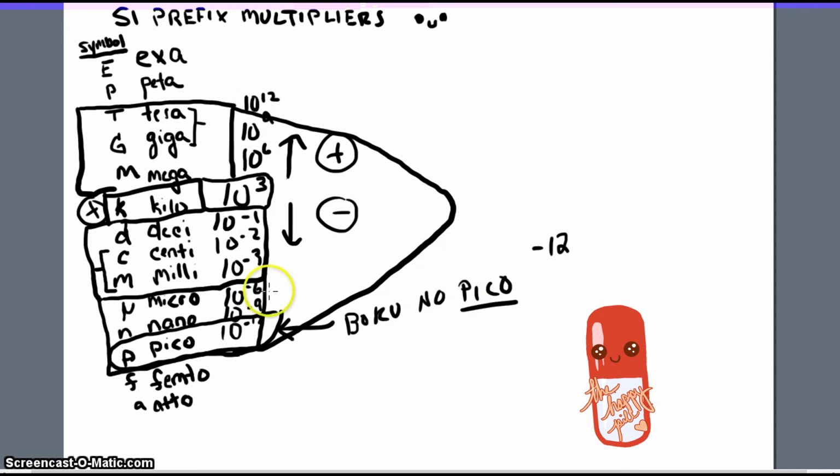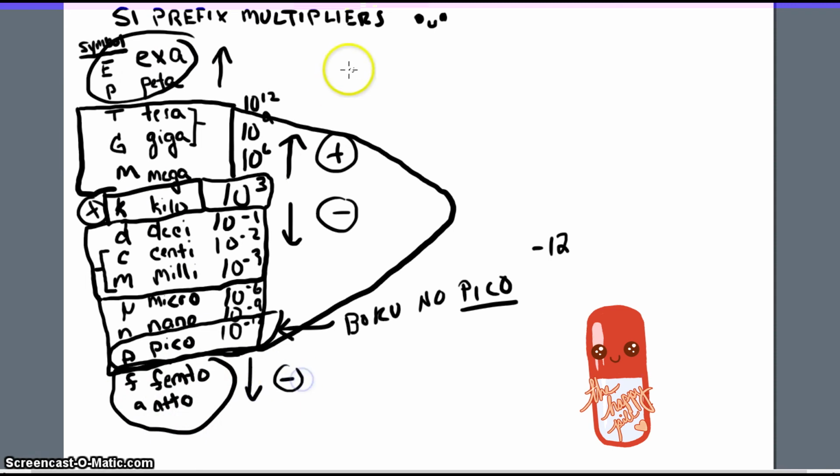So pretty much you're left with these last two prefix multipliers. Peta and exa going even more positive, and femto and atto going even more negative with the multipliers.